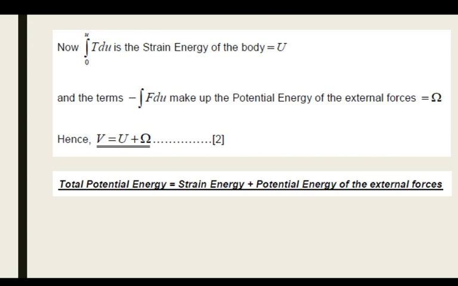So hence V equals U plus omega. Therefore, total potential energy equals the strain energy plus the potential energy of the external forces.